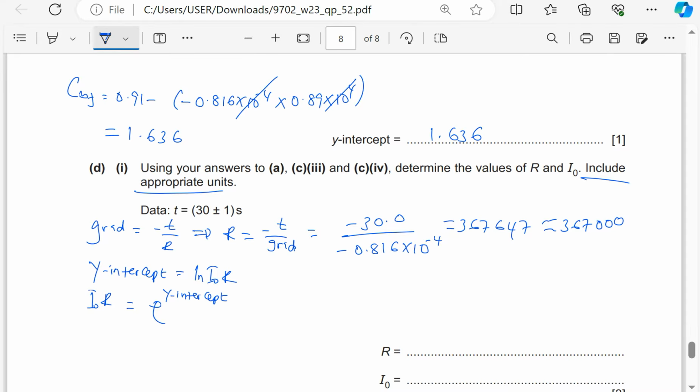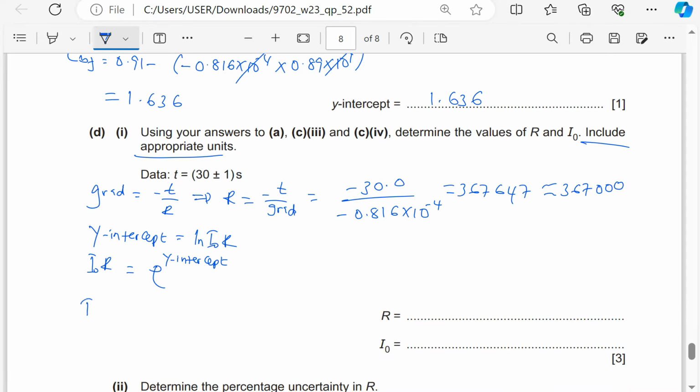So I will divide both sides. So I naught is going to be e power of the y-intercept, which is 1.636, divided by R, which R is 367,647.